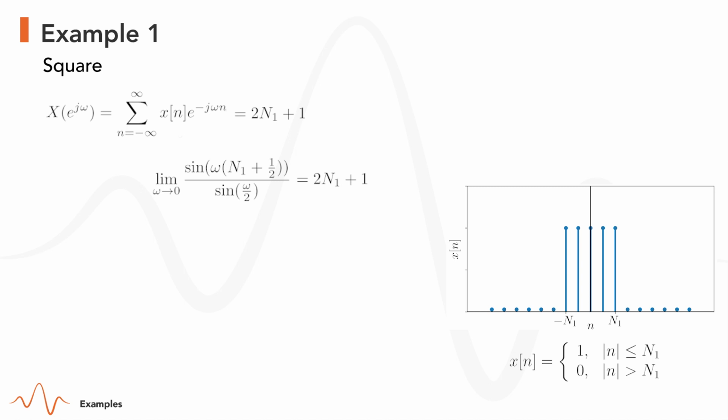Although the function is not defined when omega is 0, it is implicit that it can be extended by continuity. That is, we can take the limit as omega converges to 0 and obtain 2 times capital N1 plus 1.